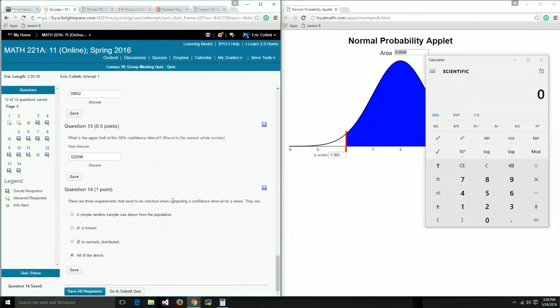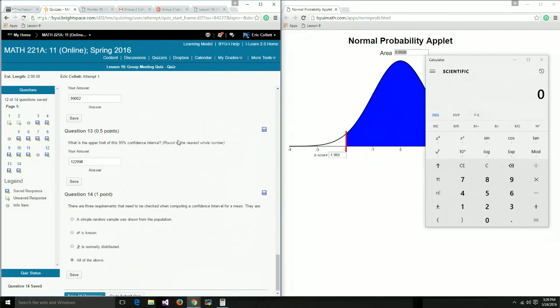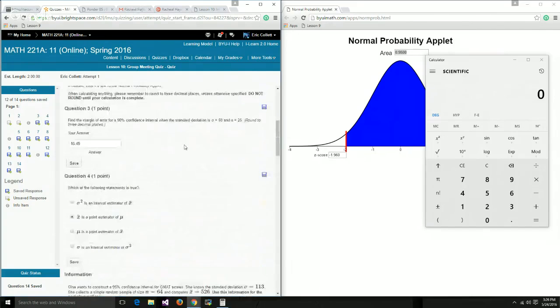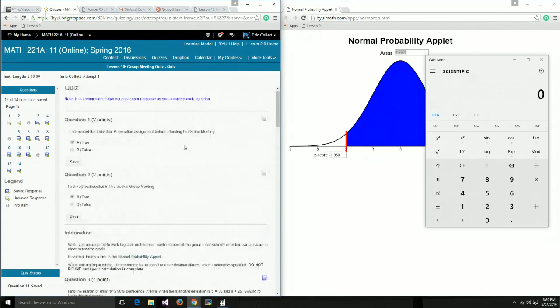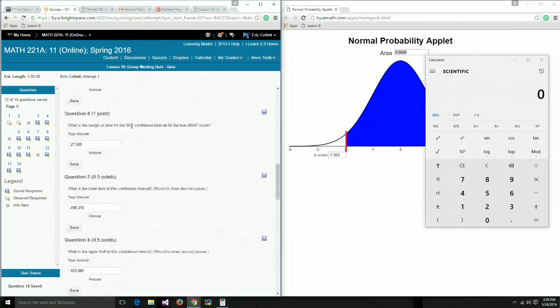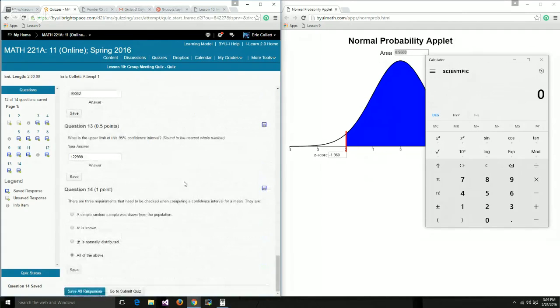Okay, let's see if she agrees with those. I think we got them all now. I'm trying to recalculate, but for them. Okay, Rachel said yes. She thinks they sound right.